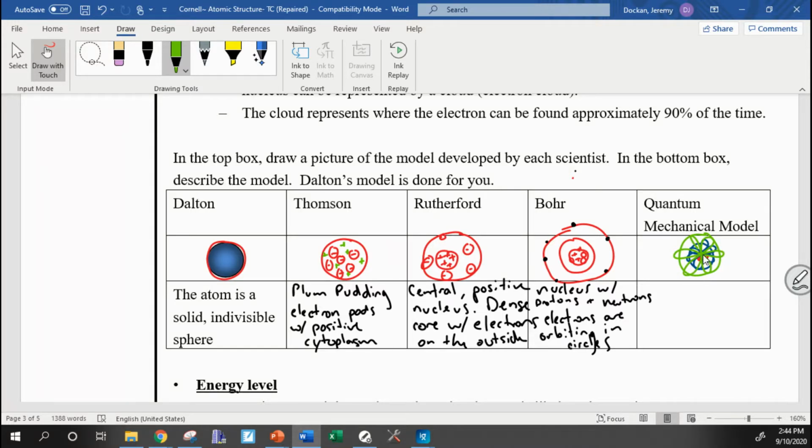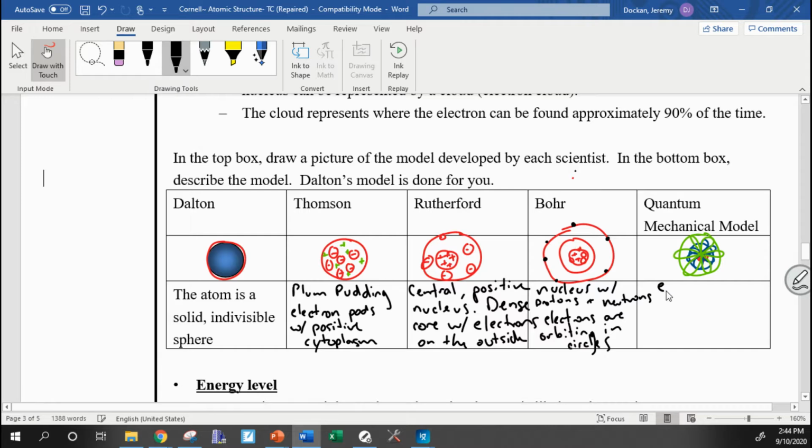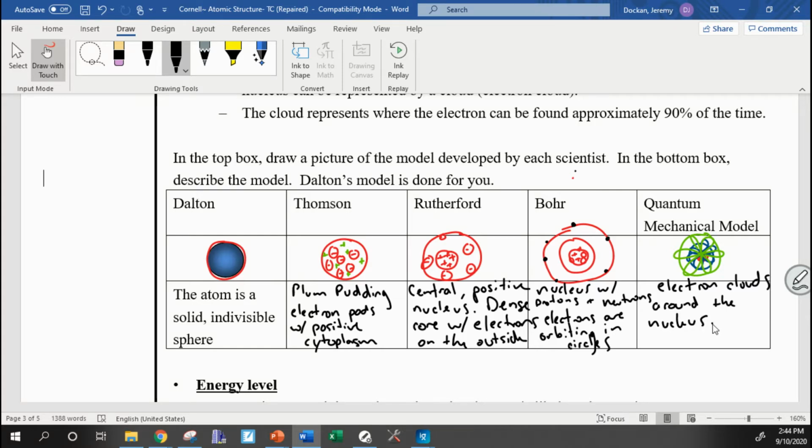So I'll leave it there. I don't want to get too fancy. So let's say that we have electron clouds around the nucleus. Okay, and we'll go ahead and stop there for today.